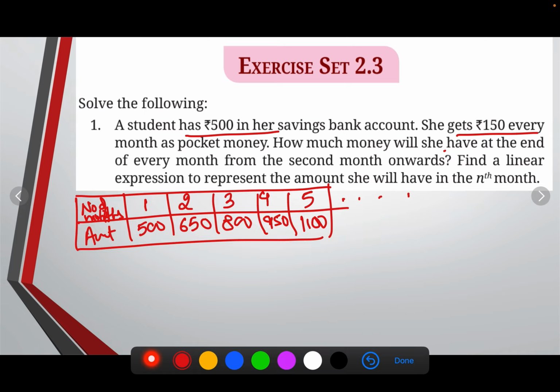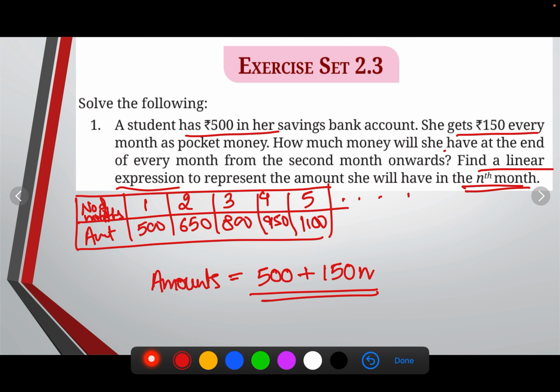Then the question says find a linear expression to represent the amount where the number of months is n. 500 is the fixed amount and 150 is added every month. So my linear expression will be 500 plus 150n. Okay?